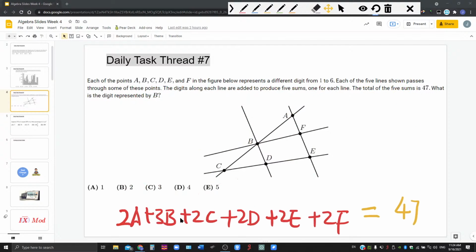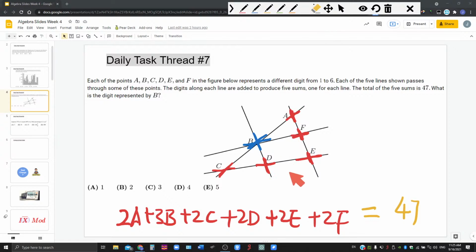Well, you can tell from the graph that A is on 2 lines, F is on 2 lines, E is on 2 lines, and C is on 2 lines, so we add them twice, to A, to C, to D, to E, to F. But the B is on 3 lines, so we added B 3 times.